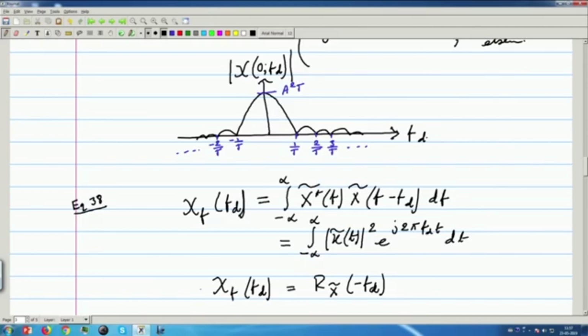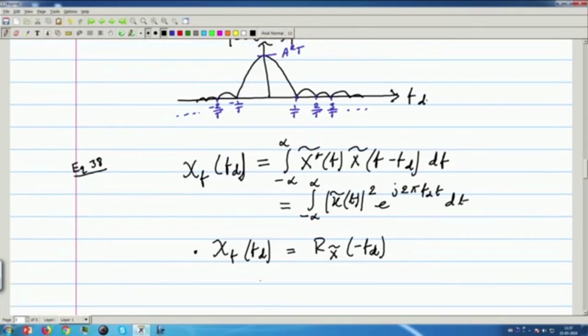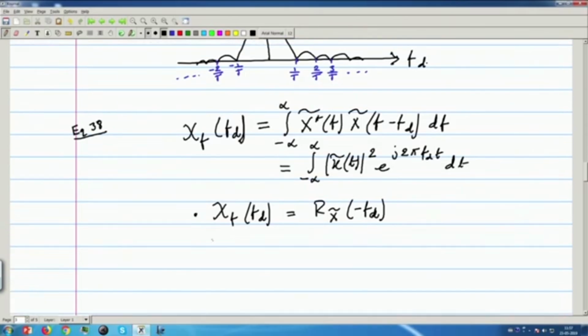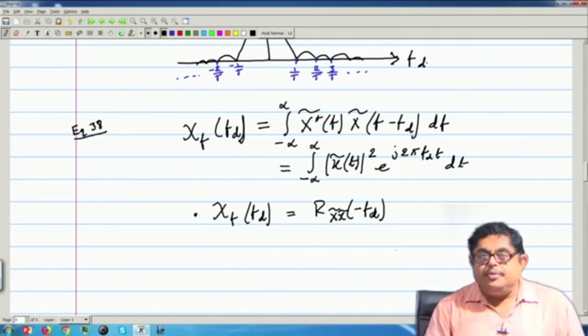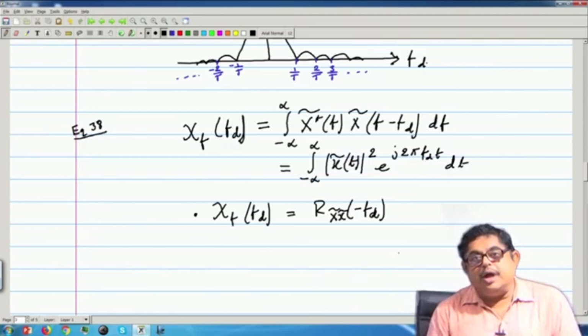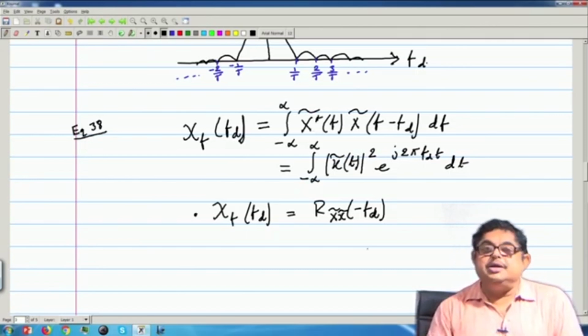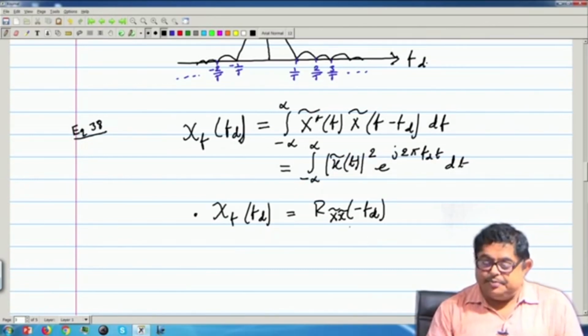These are the 2 points that we should note, because they will be used later. So, the frequency correlation function is the autocorrelation function of the Fourier transform of the transmitted signal.